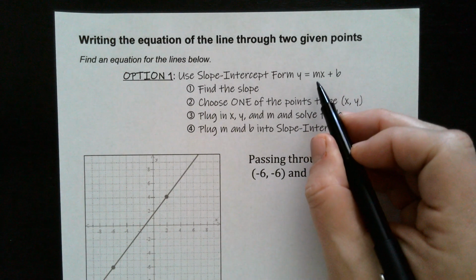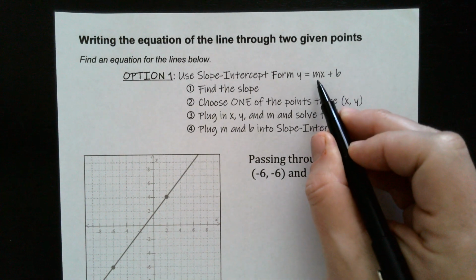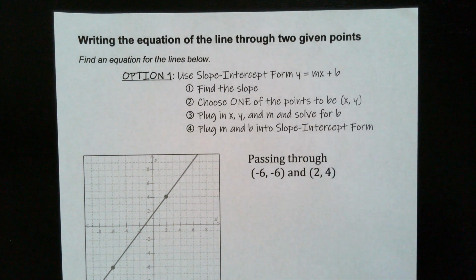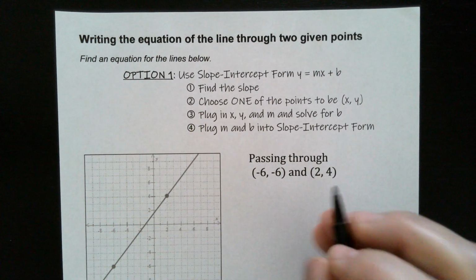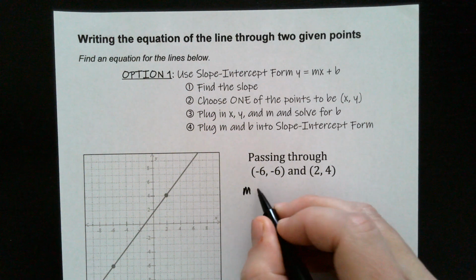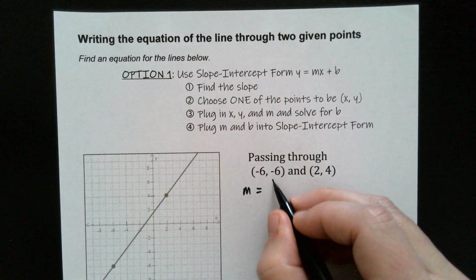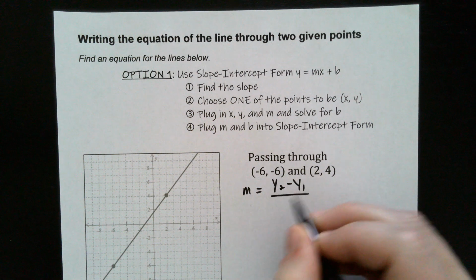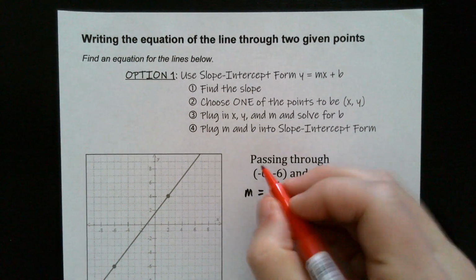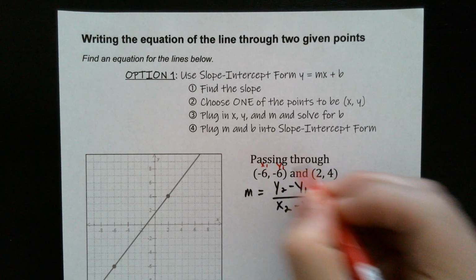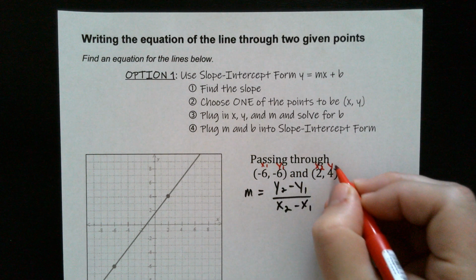We need to figure out what m is first, and then we need to figure out what b is. To figure out what m, the slope, is, we can use these points right here. Recall that m is equal to y2 minus y1 over x2 minus x1. Let's label this x1, y1, x2, y2.